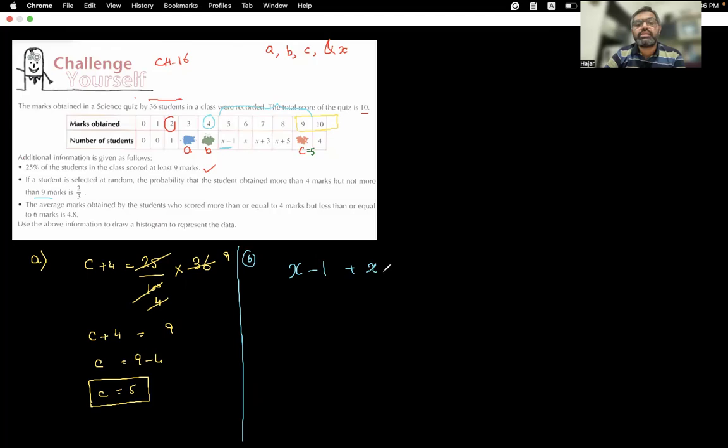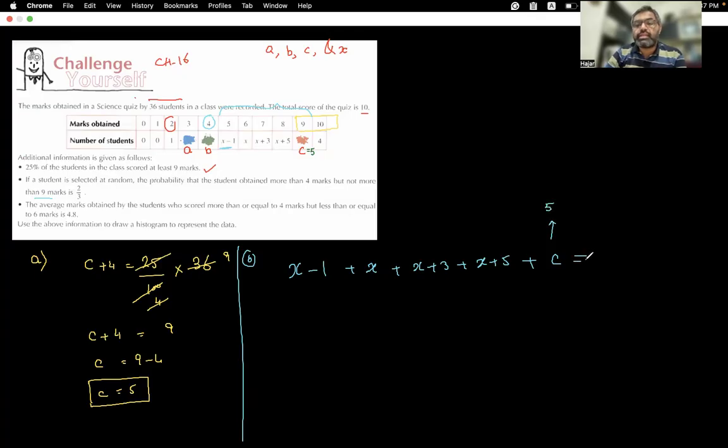How many got 7 marks? x plus 3. And x plus 5 students got 8 marks. And then there are C students who got 9 marks, so plus C. But the value of C is already known to us, so this is equal to 5.